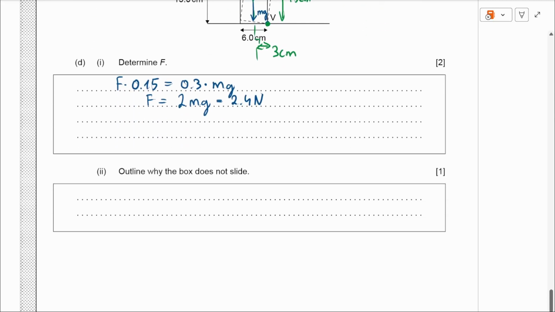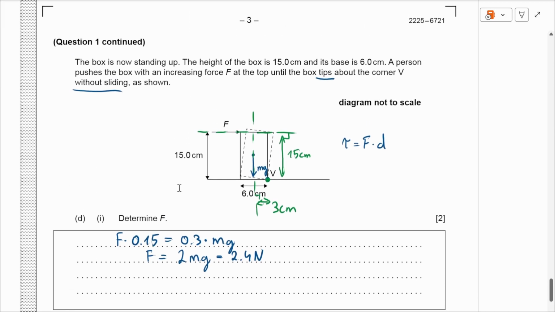So F frictional max from static friction is larger than 2.4 newtons, so it is not enough to get the block moving.